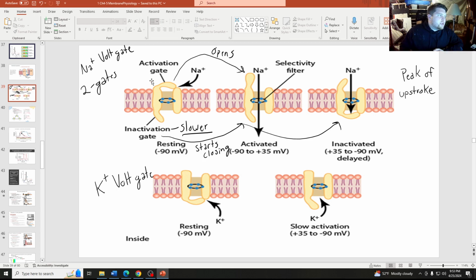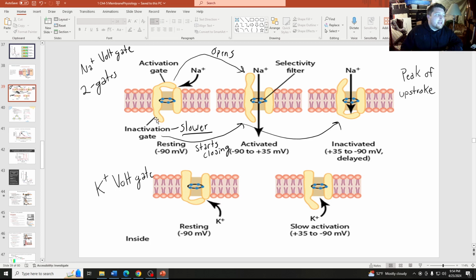So sodium channels are different because they have two gates. We call these gated channels. We have an inactivation gate and an activation gate. The way that this is going to work, when the activation gate opens, the channel is activated and sodium can go through.